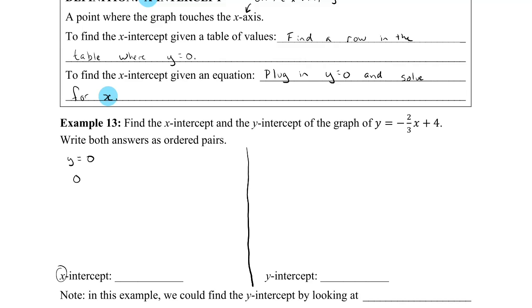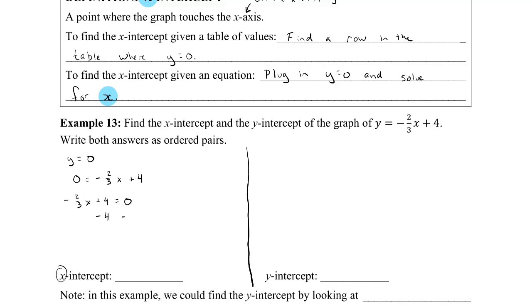And so we'll have 0 equals negative 2/3 x plus 4. We want to find the value of x. We want to get x by itself. I'm going to rewrite this to have the x on the left side: negative 2/3 x plus 4 equals 0.